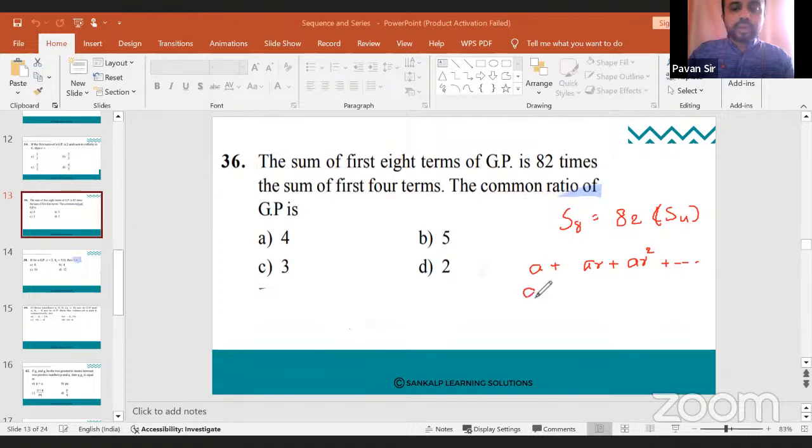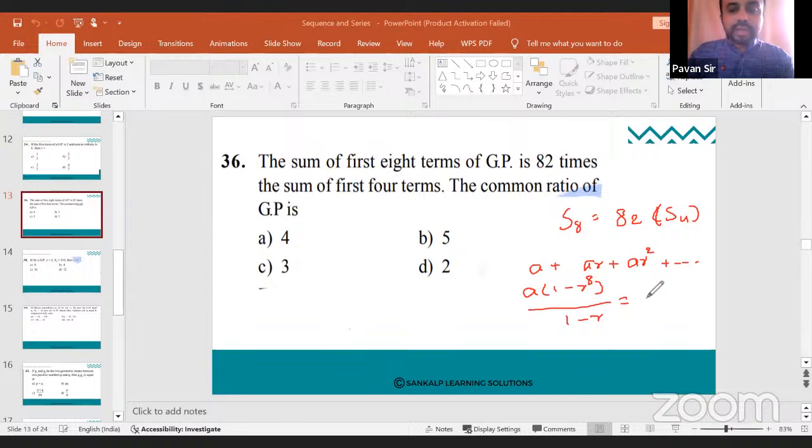Now, sum of 8 terms is A into 1 minus R raised to 8 upon 1 minus R. What it will give?